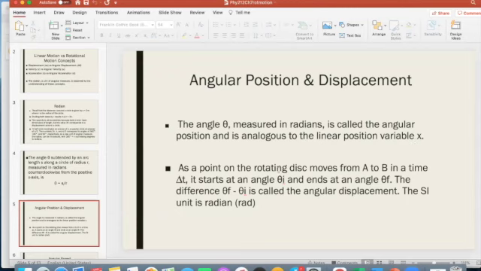So as a point on that rotating disc moves from point A to point B over a period of time, where a change in time is delta t, your final time minus your initial time, your initial angle starts at theta i and ends at theta f. Again, your difference is your final minus your initial. That's your angular displacement. And again, the SI unit is going to be radians. The shorthand for radians is just rad.